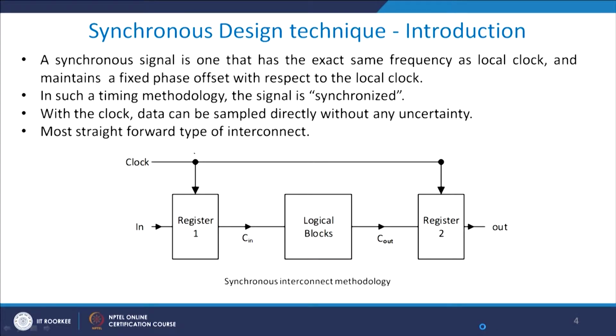Now, let me define certain definitions. A synchronous signal is one that has exactly the same frequency as the local clock and maintains a fixed phase offset with respect to the local clock.